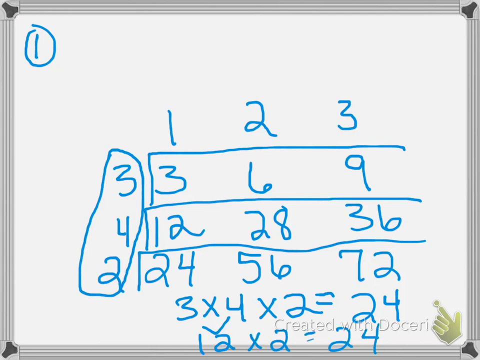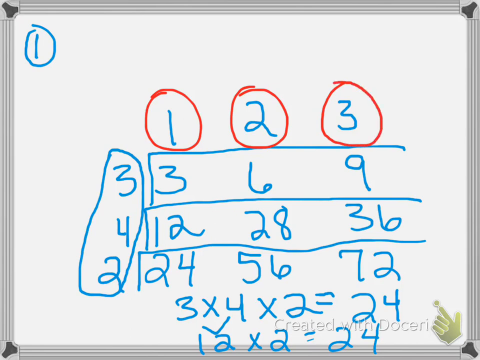So 24 backpacks total with 1 marker in each, 2 coloring books in each, and 3 packages of clay in each. That completes problem number 1.